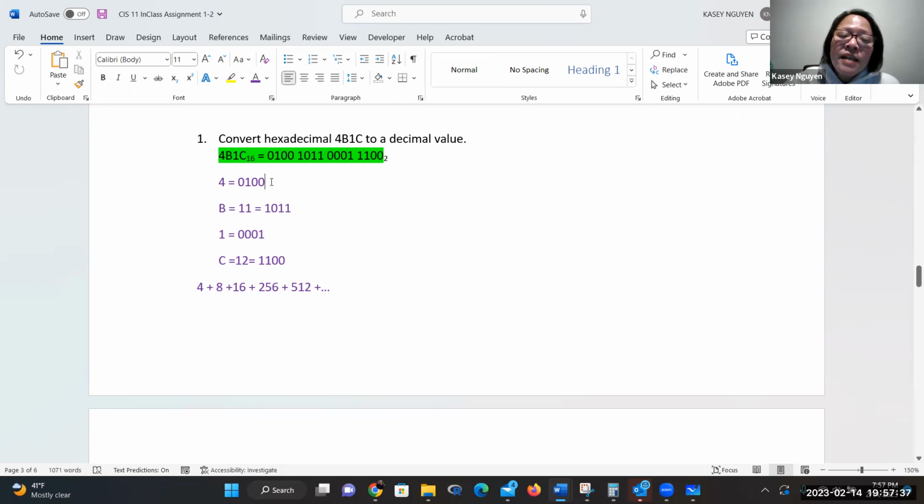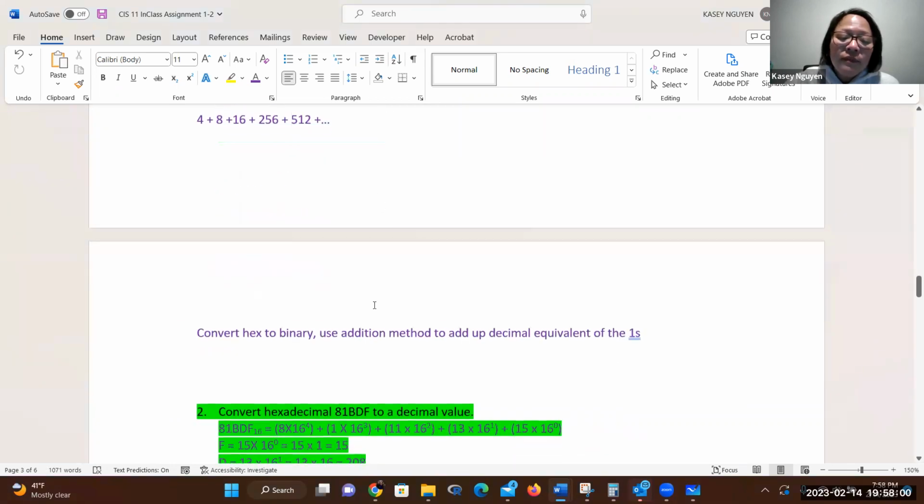So once you break it down to the 4 bits each and put it together as a binary value, you take that binary value and convert it to a decimal using the scale. So this bit is on, this bit is on. So I would have 4 plus 8 plus 16 plus 256 plus 512 and so on.